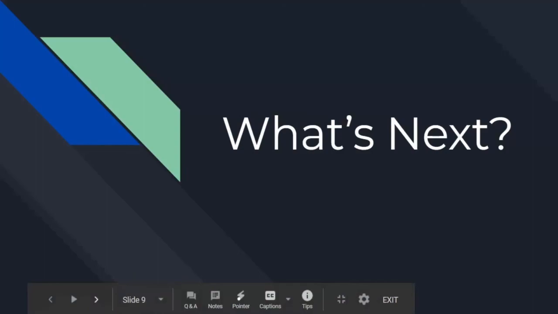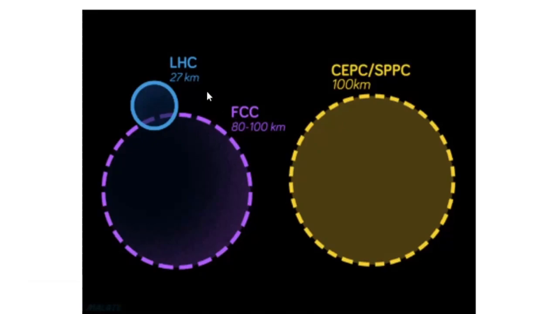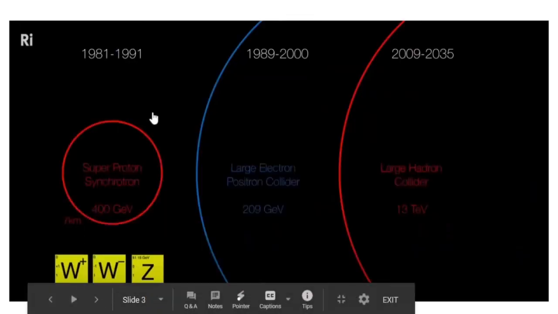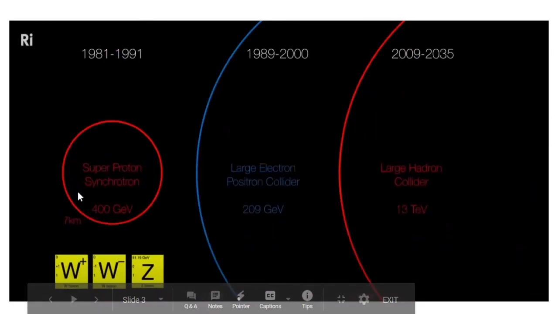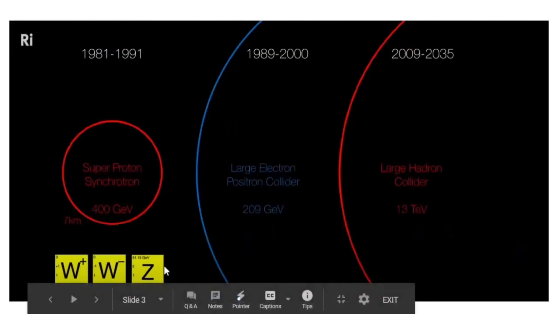But the long-term plans are this. The next step of the Large Hadron Collider is to build something called the Future Circular Collider, which would be about 80 to 100 kilometers in circumference. Let me go back to a slide. As you can see, the Super Proton Synchrotron and the proton accelerators are used to reach high energy ranges, and the electron positron colliders are used to study the known ranges with high precision.